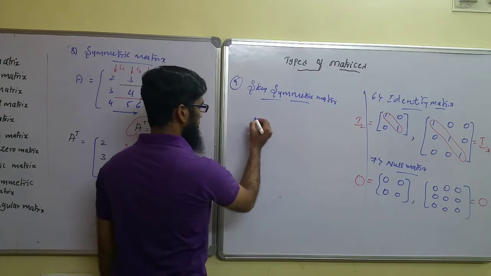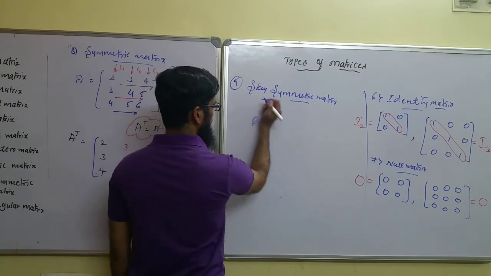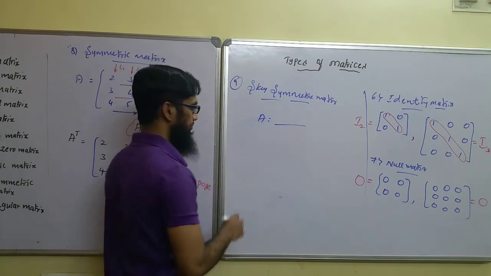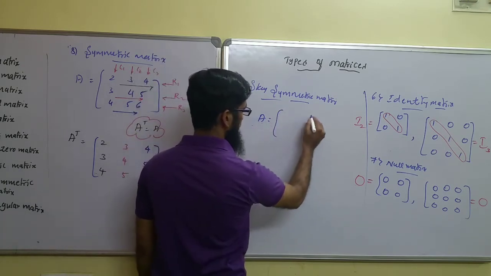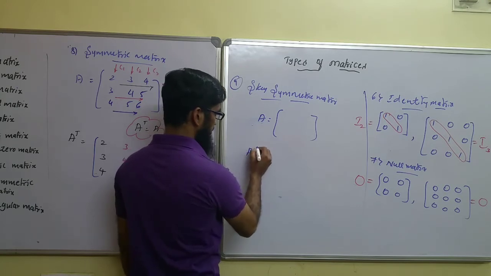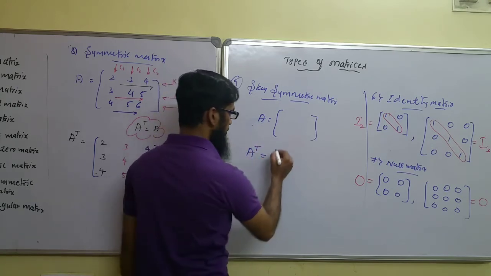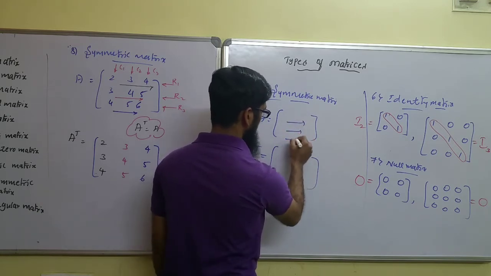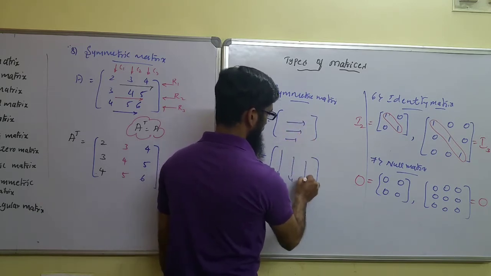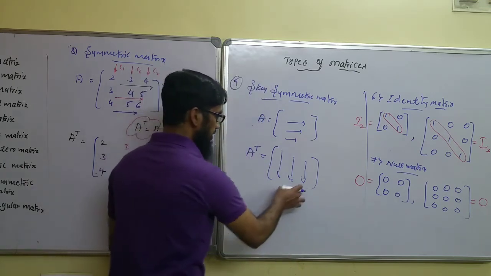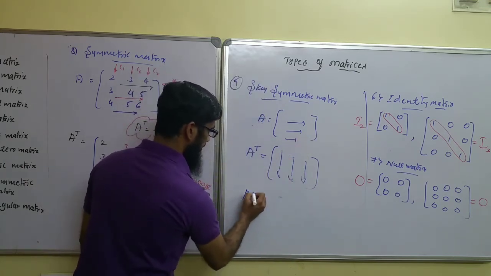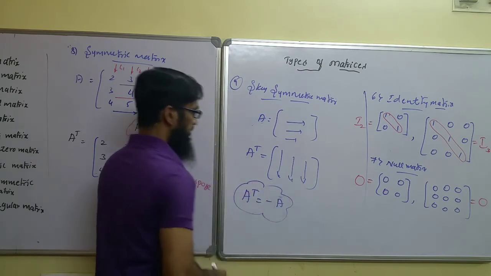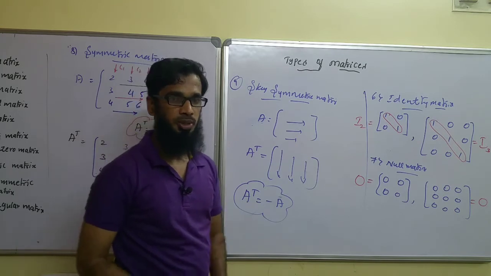Skew symmetric matrix means the same thing. If some matrix A is given, what I find out here is the transpose of A is equal to, I have just interchanged the rows to columns. So in the end, if you equate these two and I get transpose of A is equal to minus A, then this matrix A is called a skew symmetric matrix.